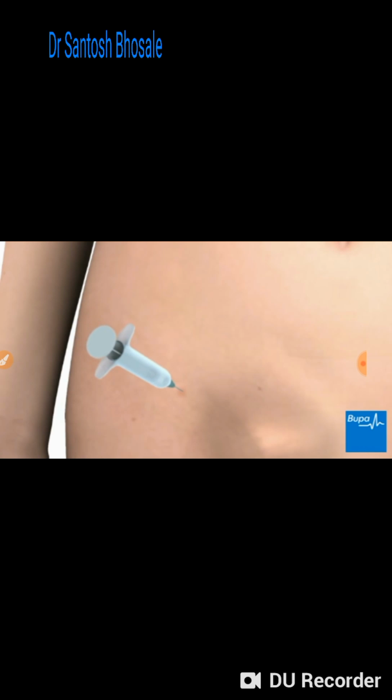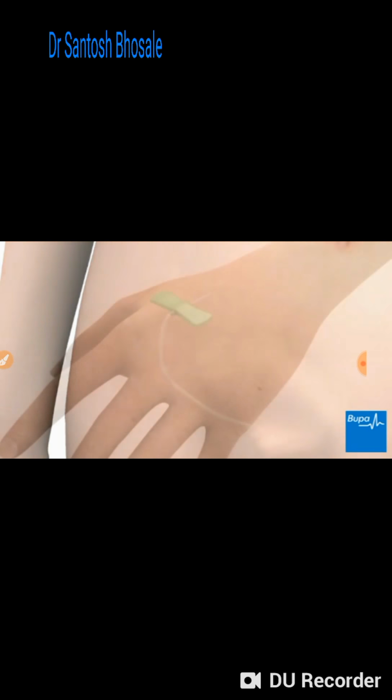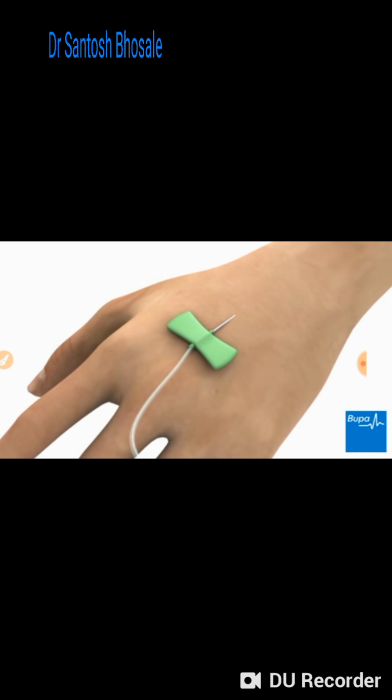So the patient will be given local anesthetic injections. Or they may go for general anesthesia.